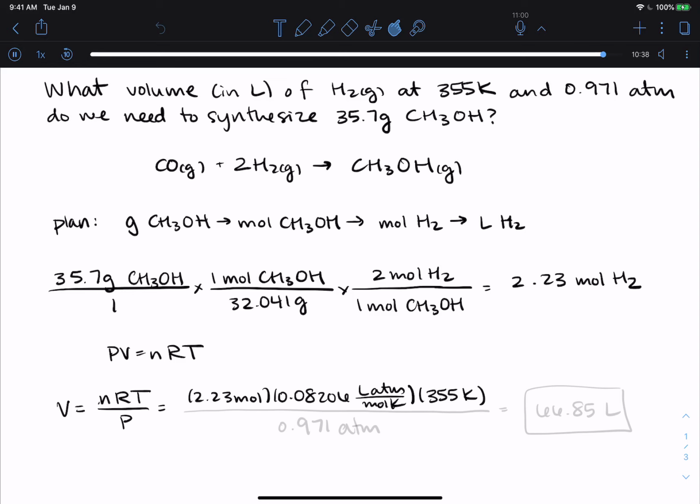All of that divided by, I have a very crooked divided by line here, but that's all right. 0.971 atmospheres, and this is equal to 66.85 liters.